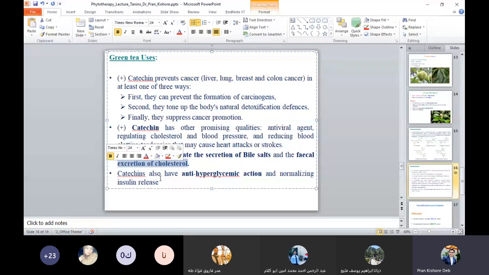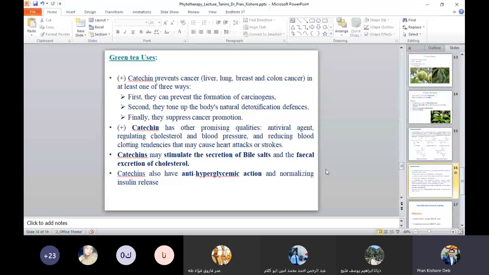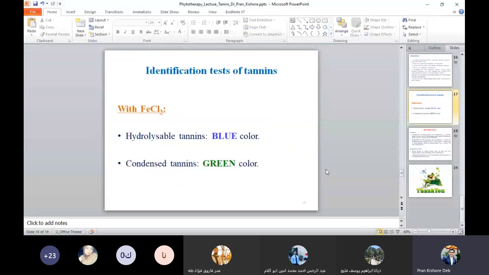Moreover, catechins also have anti-hyperglycemic action. It also reduces the blood sugar level, so helpful for the treatment of diabetes and normalizing the insulin release. So drinking a lot of green tea every day is good for health.